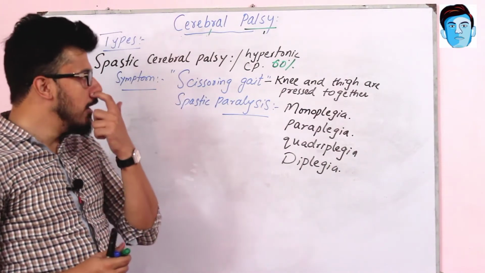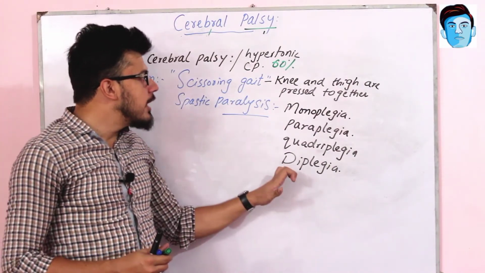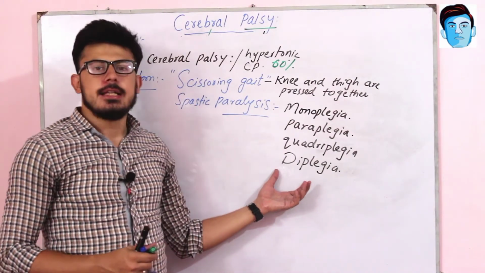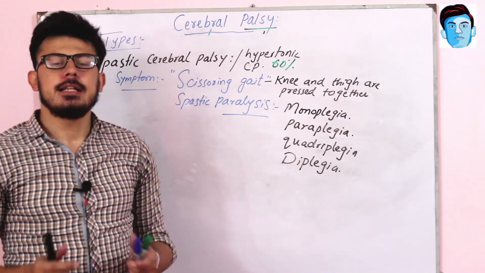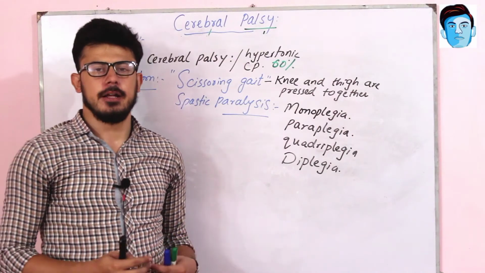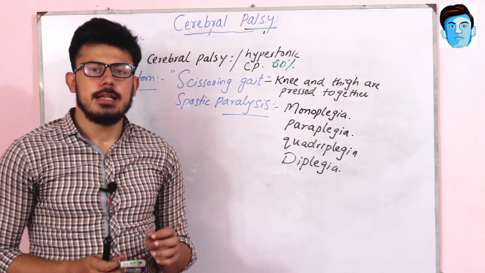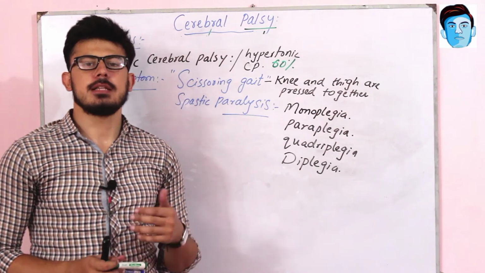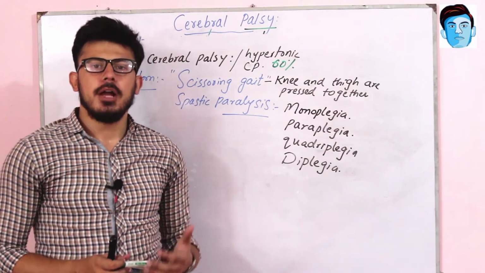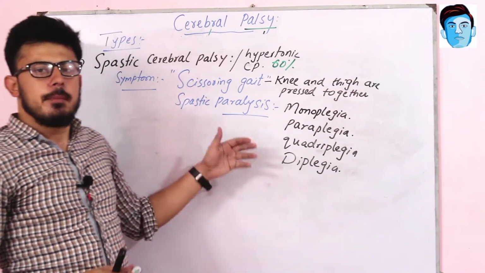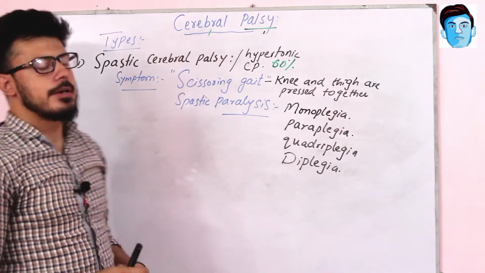While diplegia is similar to paraplegia, the difference is that there is symmetrical paralysis on both sides of the body. So the most important symptoms of a patient are scissoring gait and spastic paralysis in the form of monoplegia, paraplegia, quadriplegia and diplegia. These are the important symptoms of spastic cerebral palsy.